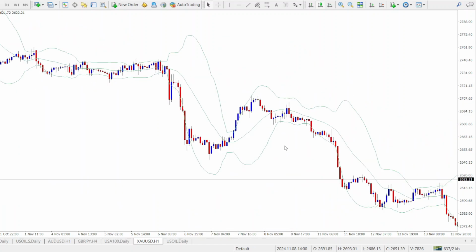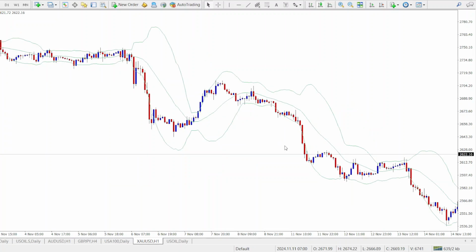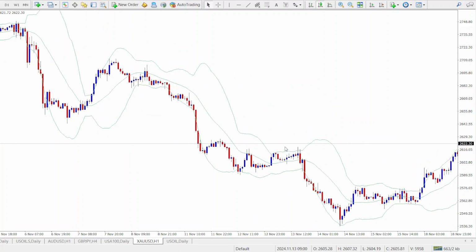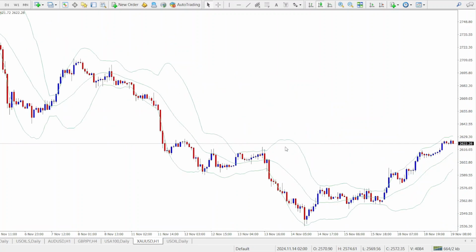But here's where the magic happens: when you combine Bollinger Bands with divergence signals. So what is divergence? Divergence occurs when the price of a currency pair is moving in one direction, but a momentum indicator like RSI or MACD is moving in the opposite direction.